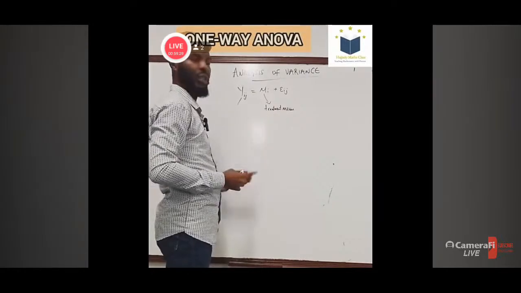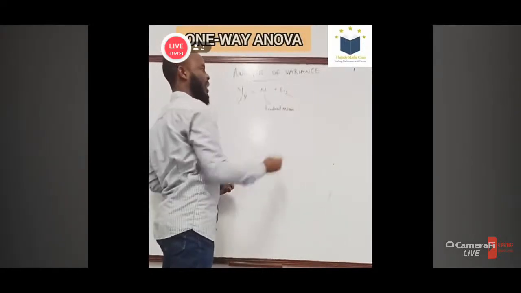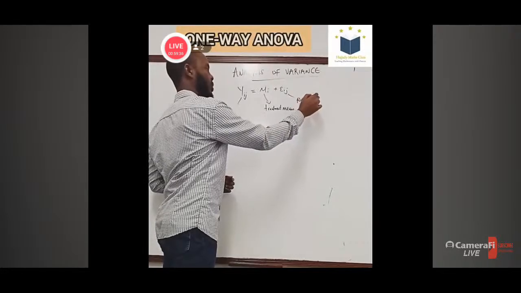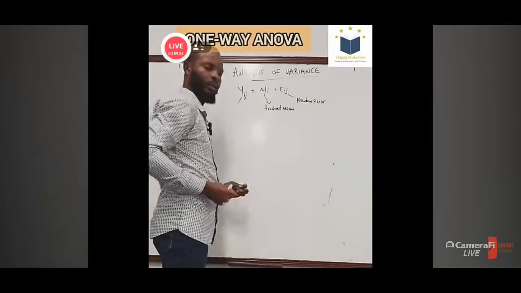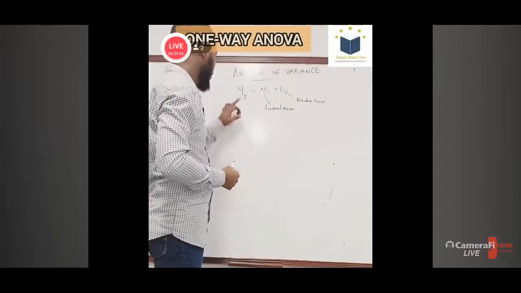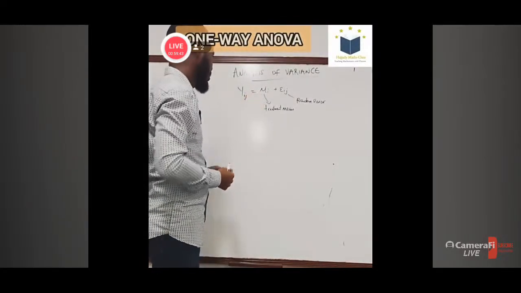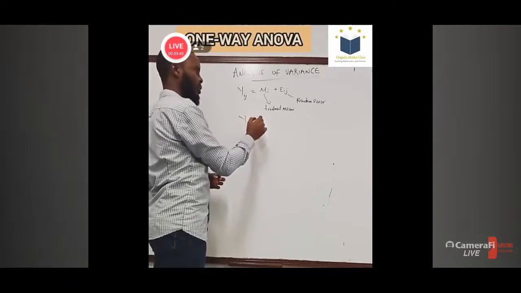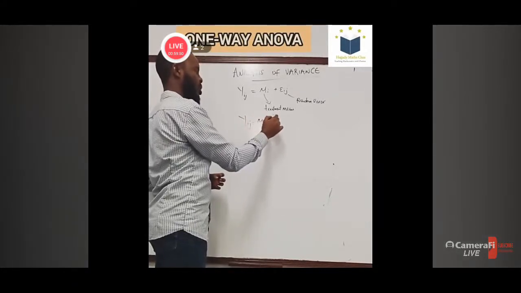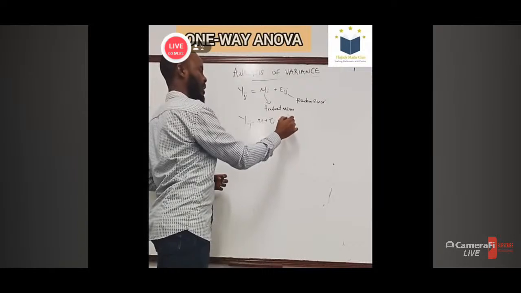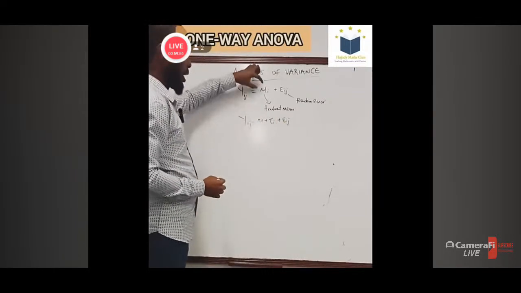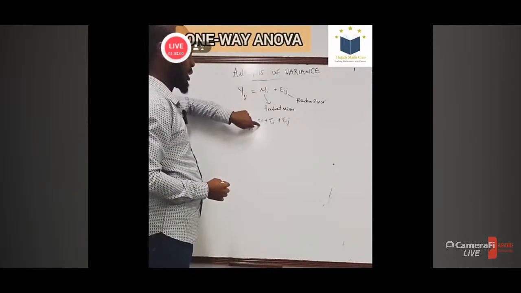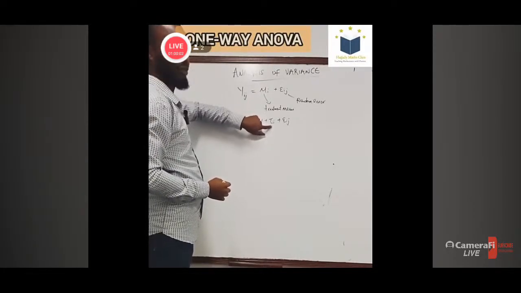So this is the mean of the treatment being assigned. And we have our Eij, which is also known as the random error. So mu i, this model can also be written as our Yij equals mu plus tau i plus Eij, where our mean i, which is the treatment mean, can be split as the overall mean and also as the treatment effects.